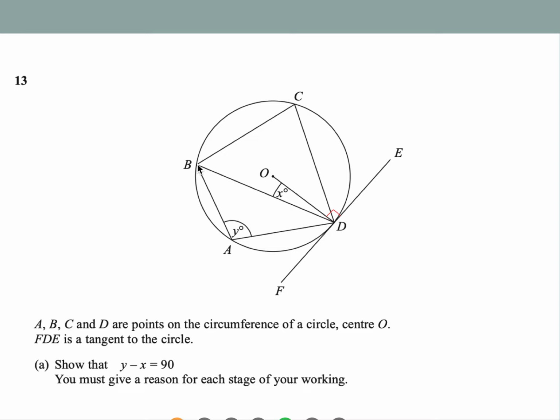So what would be a good idea is if we could get this angle in terms of x, because we know that the angle at the centre is twice the angle at the circumference. So this is going to be x, as it's an isosceles triangle. So this here is going to be 180 minus 2x.